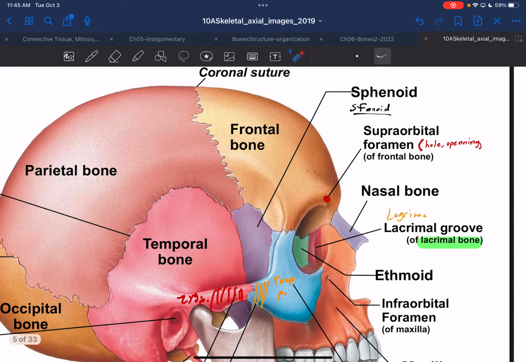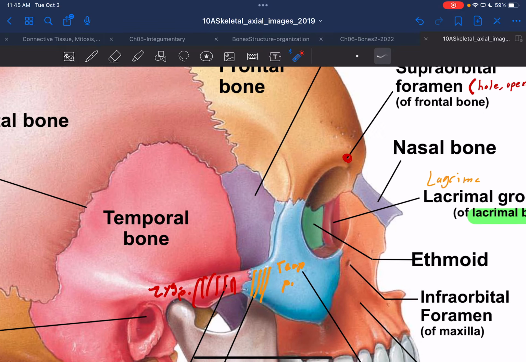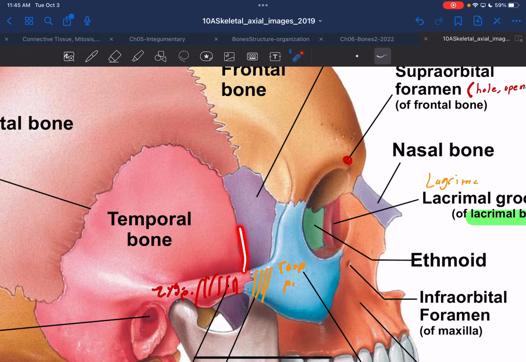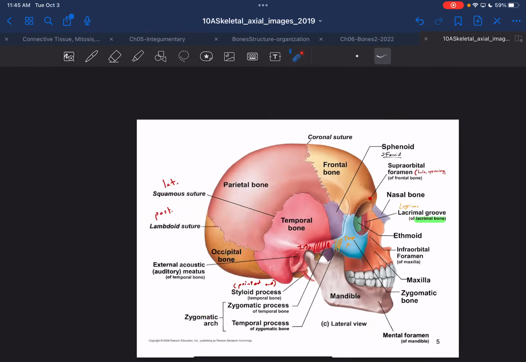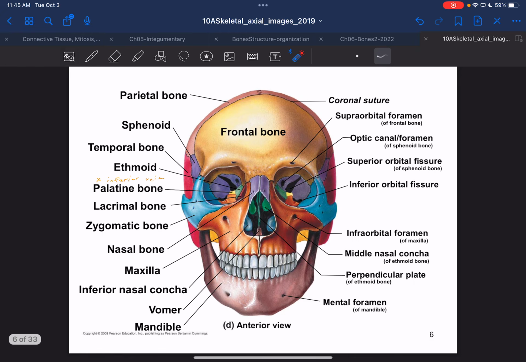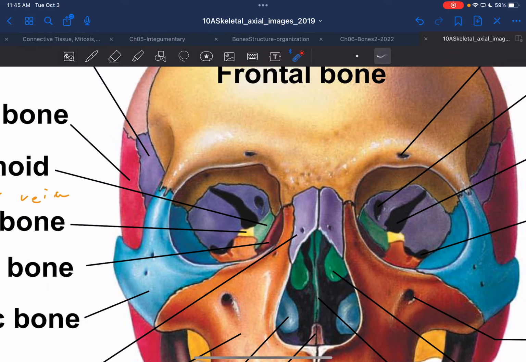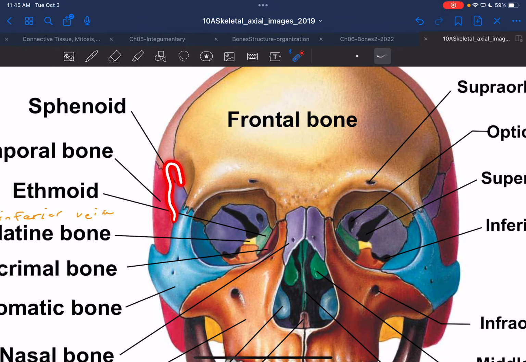Sphenoid and ethmoid. As you look at your colored skull, I want you to note how you can see it from that lateral view, just a little piece of it. I also want you to see how that ethmoid bone makes up the inside of your eye socket. If we look at the anterior view of the skull, you can see that same sphenoid bone in purple on my screen.